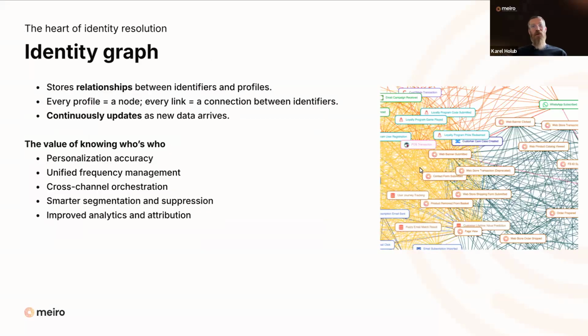Now, identity graph, another very important term in identity resolution. An identity graph can be as complex as you see in that picture, and it basically shows you all the points of data or all the events that bring some data into the system and the connections between those events.